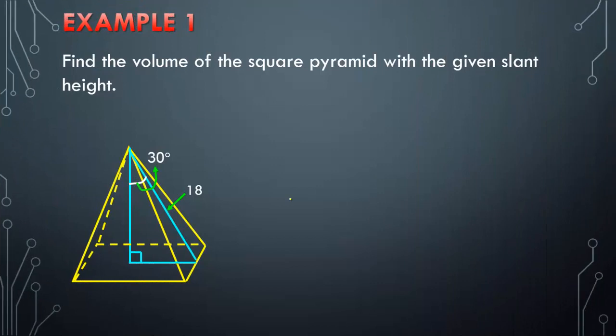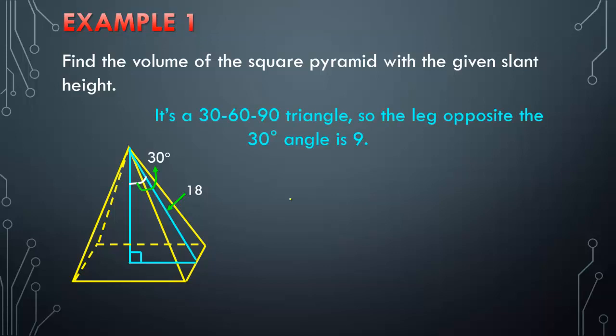We need to find the volume of the square pyramid with the given slant height. All right, so what are we going to do with this? We'll start off, it's a 30-60-90 triangle because they gave us that angle there. So the leg opposite the 30-degree angle is 9, because remember, with the 30-60-90, this would be x, this would be 2x, and this would be x root 3.